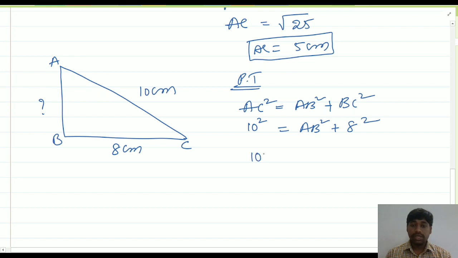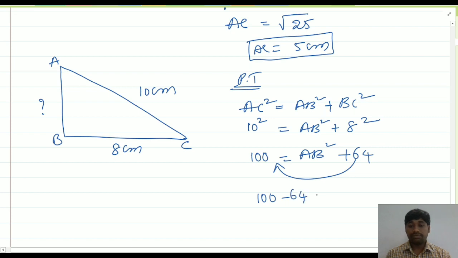So it is 100 equals AB square plus 64. Then transfer it, so 100 minus 64 is equal to AB square. Then as we don't want AB square, we want AB, subtracting we get 36. The square goes to that side and becomes a root. So the answer is 6 centimeters.